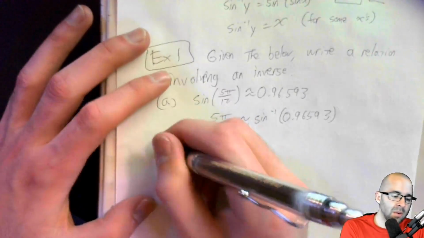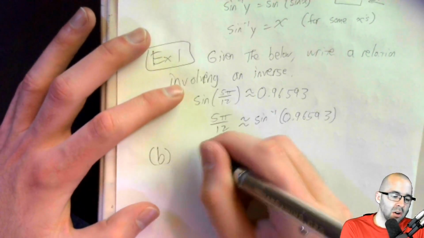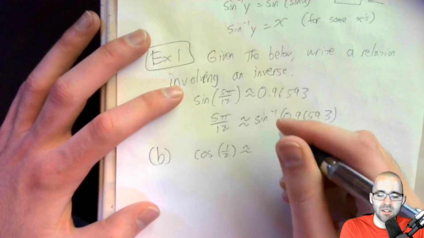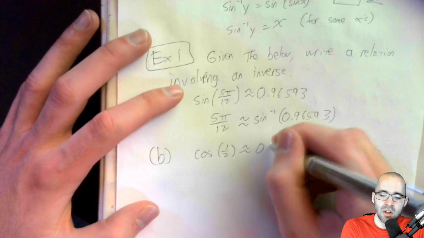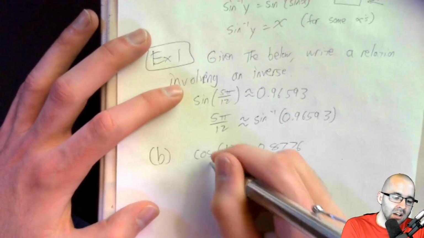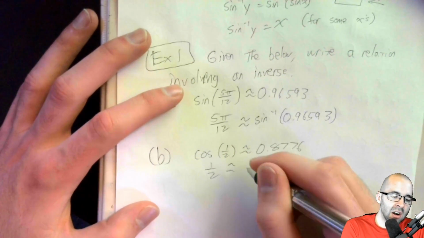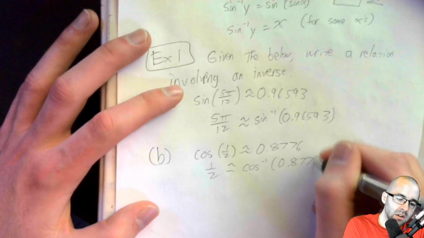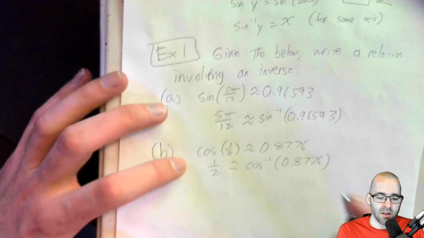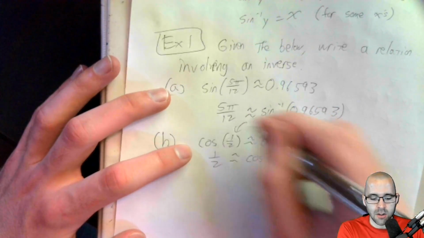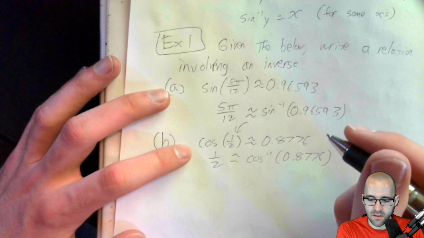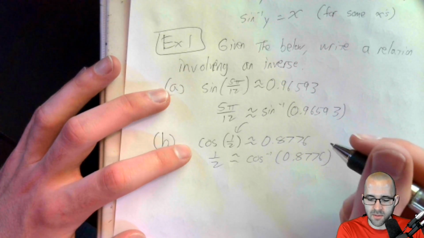And we could do this all day, right? The cosine of 1/2 is about 0.8776. So 1/2 would then be approximately the inverse cosine of that ratio. Wait, no, I was thinking of something else.